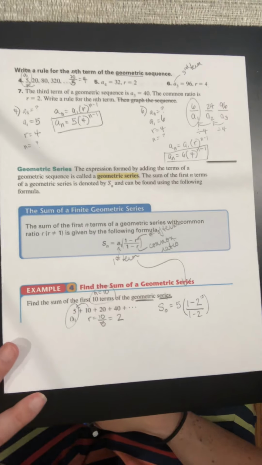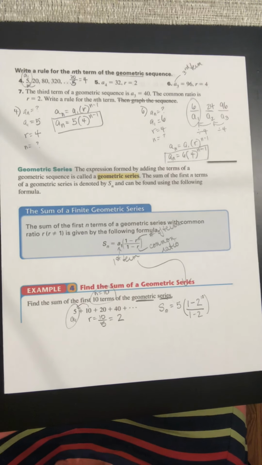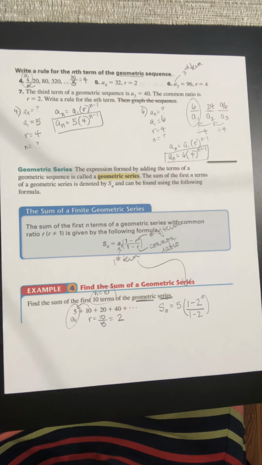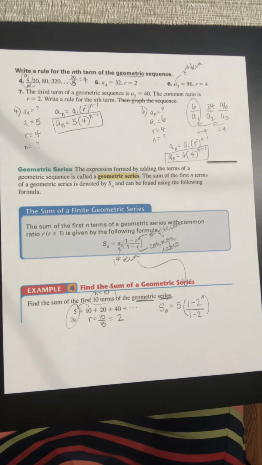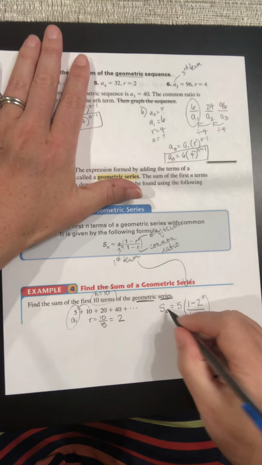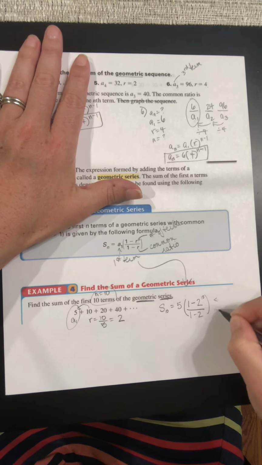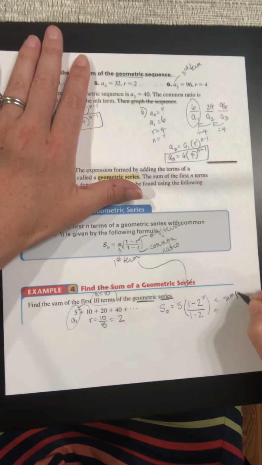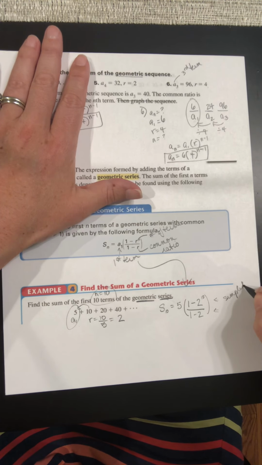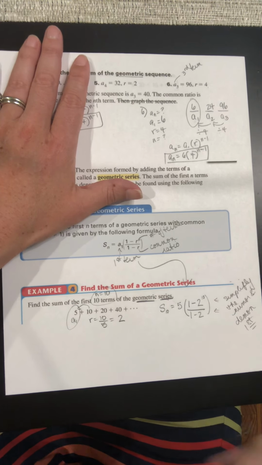It's just using a formula, but unless you're very careful with the way you enter it, your calculator can't handle all this at the same time. So we're going to simplify the numerator and the denominator first on your calculator.